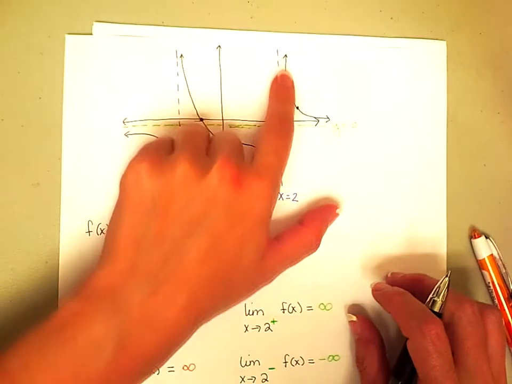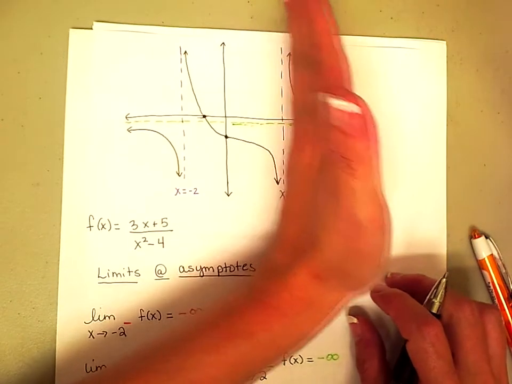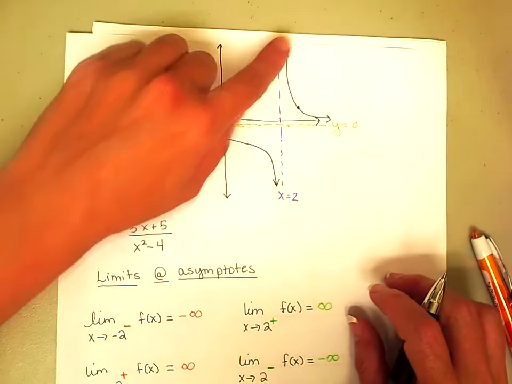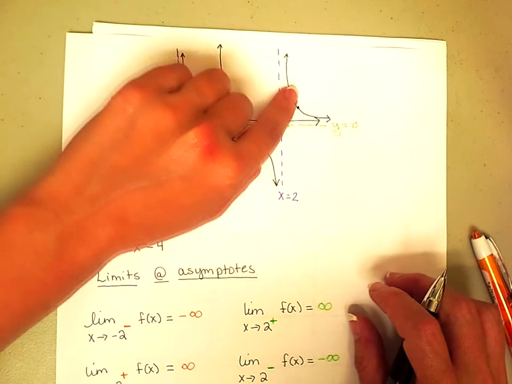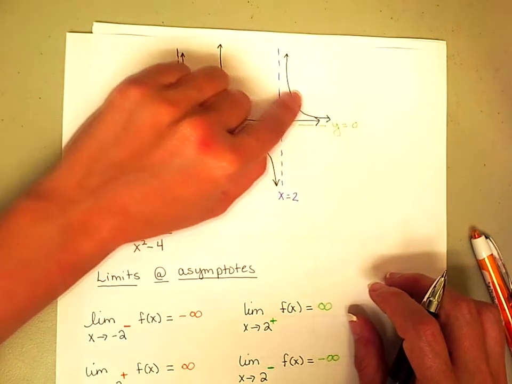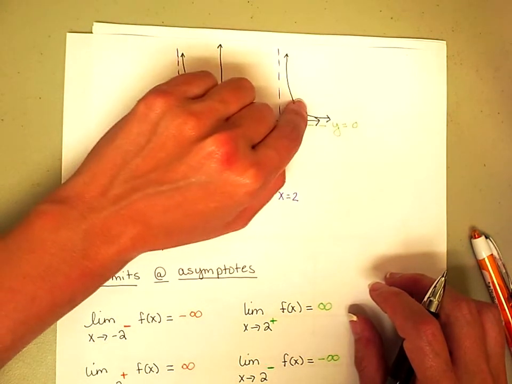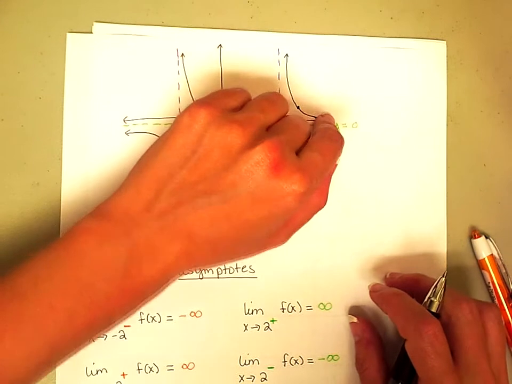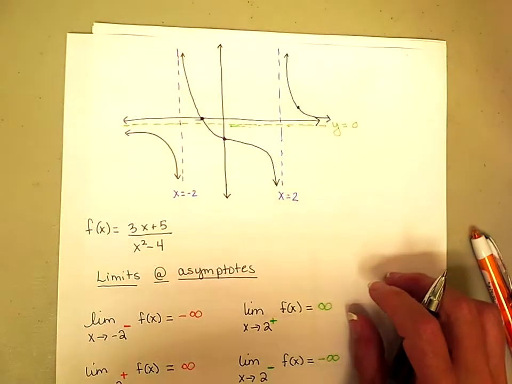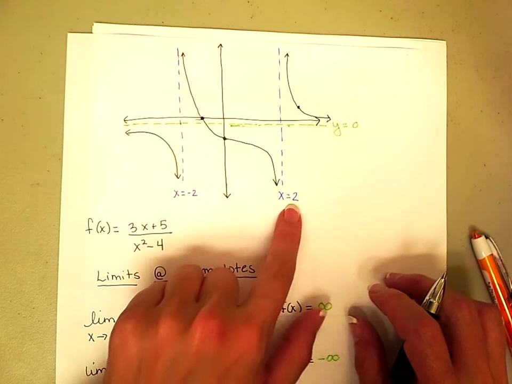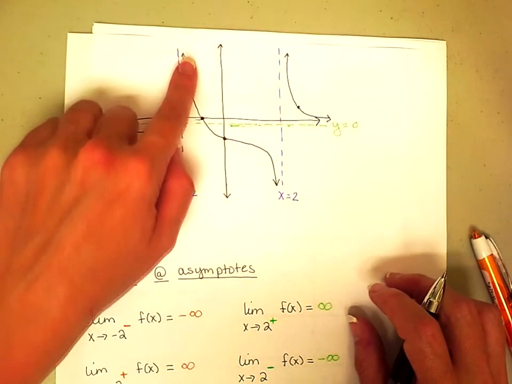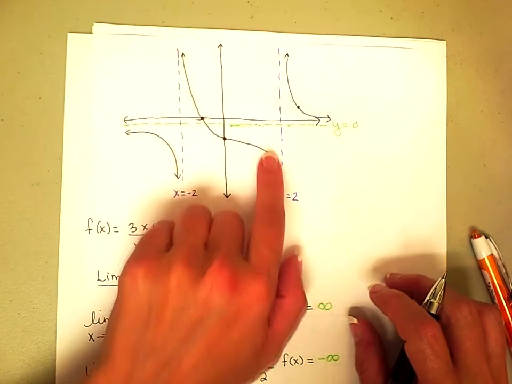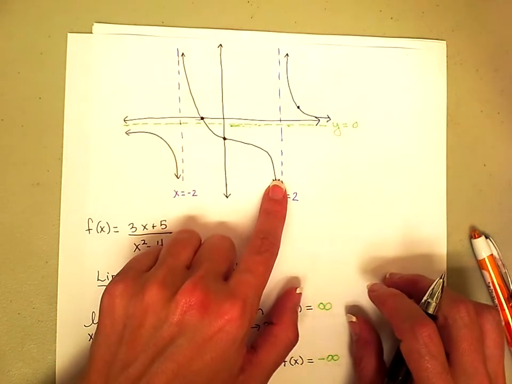In this corner, if I just look for values greater than 2, the function stays smooth. And another word for that is continuous. They're closely related. Also, in between negative 2 and 2, there's not a problem. I can trace the entire function.